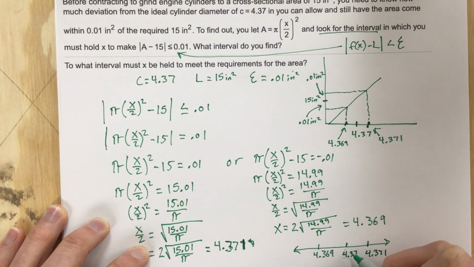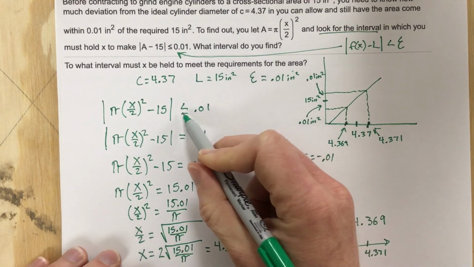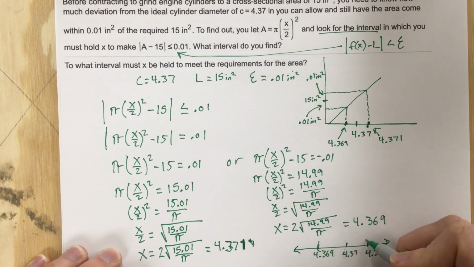And we check to see, are the solutions between the 2 points? Well, we know that's going to be the case, but we can double check it. 4.37 divided by 2, square it, times pi, minus 15, and that gives you a number that is less than or equal to this number here. So yes, the solutions run from here to here.